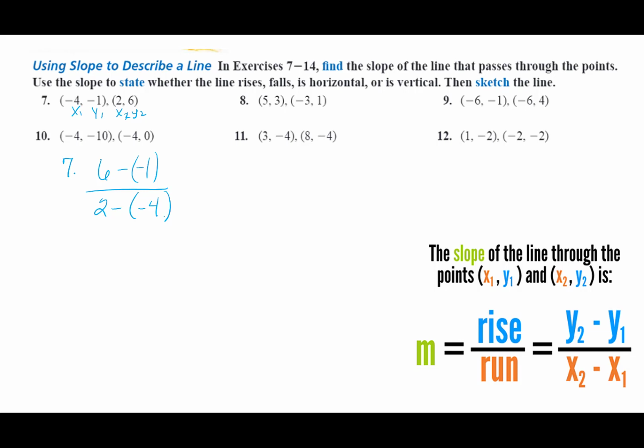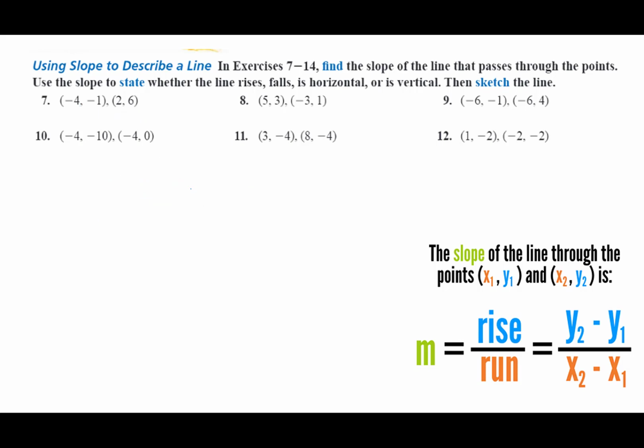And so instead of 6 minus negative 1, this is 6 plus positive 1, which is 7. And then same with the denominator, 2 minus negative 4 would be plus a positive, which is 6. And so the slope for number 7 is positive 7/6. And so this slope rises. Okay, let me show you another example.